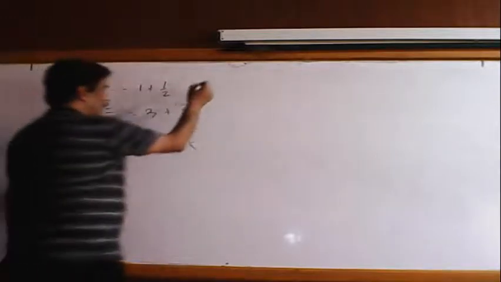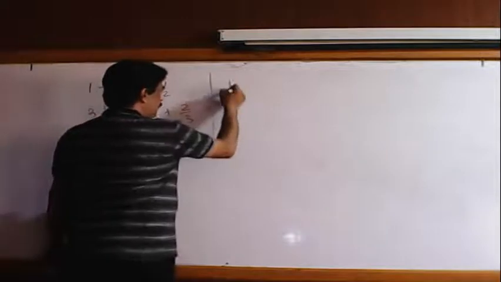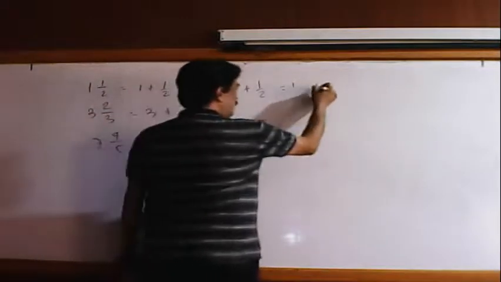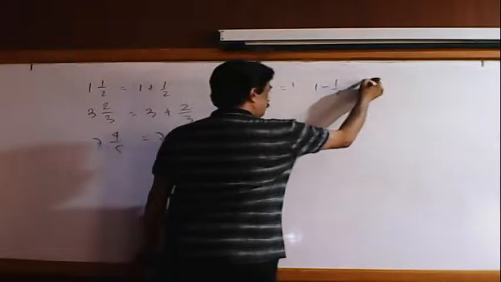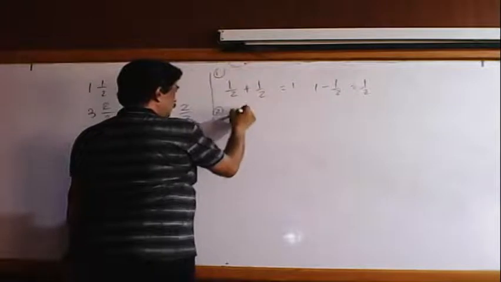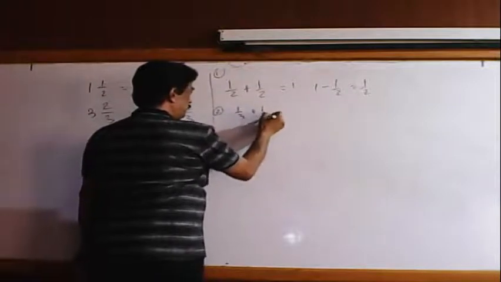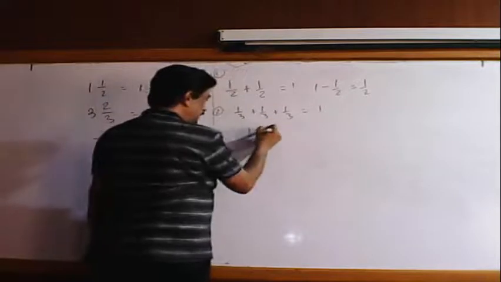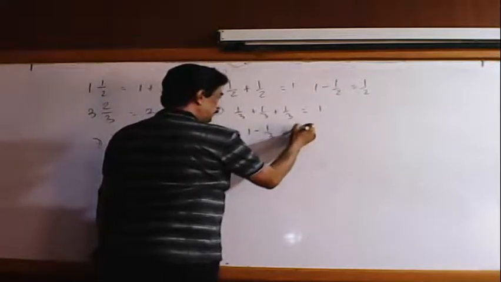Second part, remember 1 by 2 plus 1 by 2, your result is what? 1. So we can write 1 minus 1 by 2, that is equal to half. Second, 1 by 3 plus 1 by 3 plus 1 by 3, your result is 1. We can write 1 minus 1 by 3, result is 2 by 3.